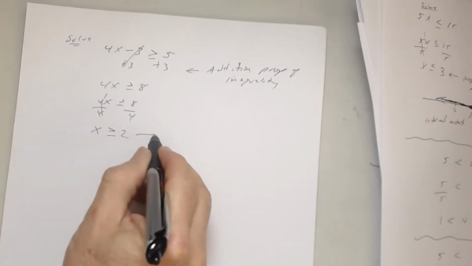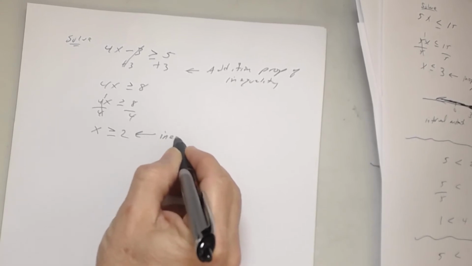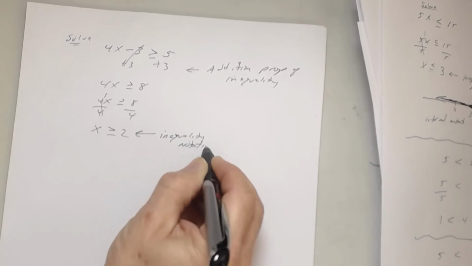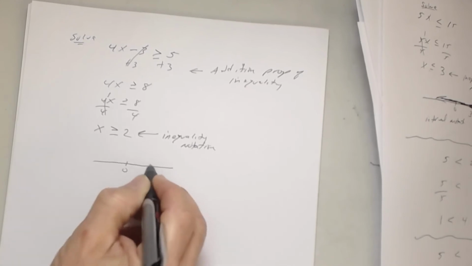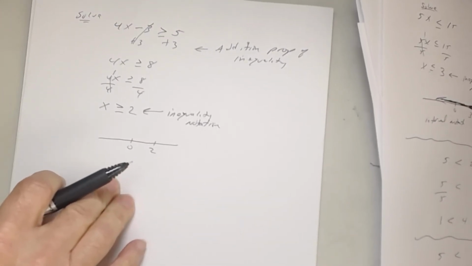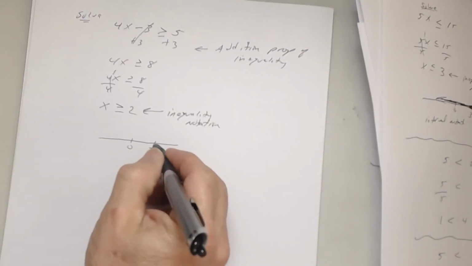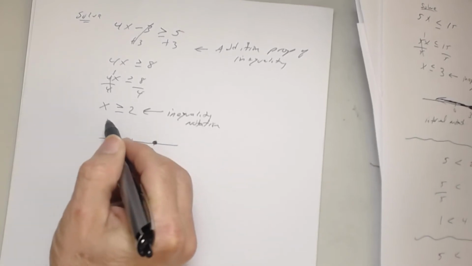So this is what notation right here, though? Inequality. So if I graph it, here's 0, here's 2, bracket or closed circle, or open. Closed circle because of the equal sign, right? So closed circle means it's a solution. 2 is bigger than or equal to 2.